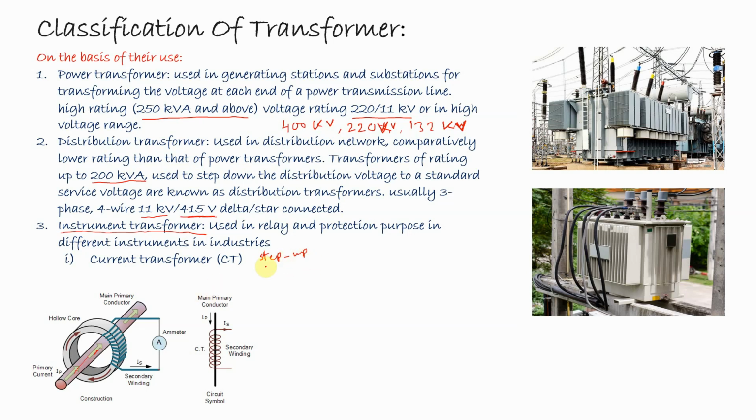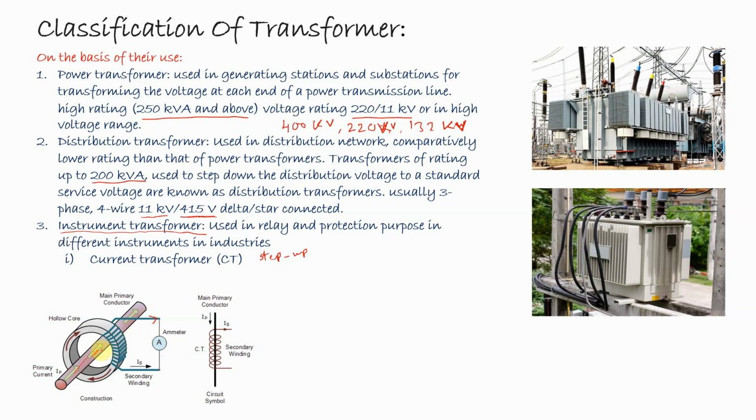And we know that in case of a step up transformer, the primary voltage is low, but the primary current is high. Similarly, the secondary voltage will be high, but the secondary current will be low. So we can connect the ammeter across the secondary winding, and we can easily measure the current that is flowing in the secondary winding.